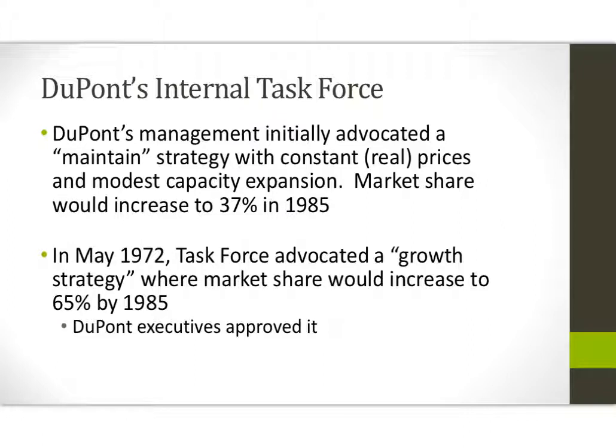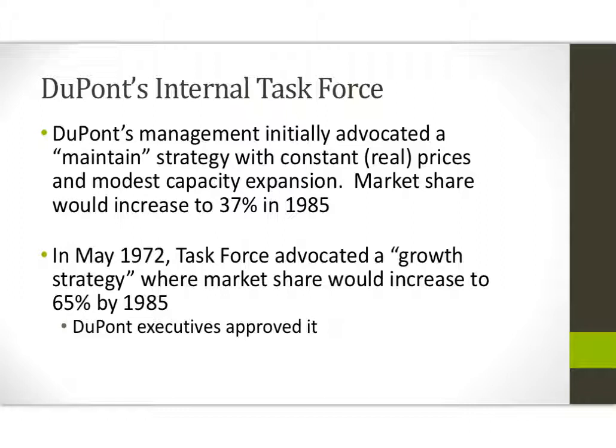So DuPont, at first, is going with a constant price. One could easily think that they could raise their price, maybe just not as much as their rivals, and really take advantage of that cost advantage. But they're not doing that. They're actually keeping their price constant. And then in 72, when they go with a growth strategy, they're actually slightly lowering their price.